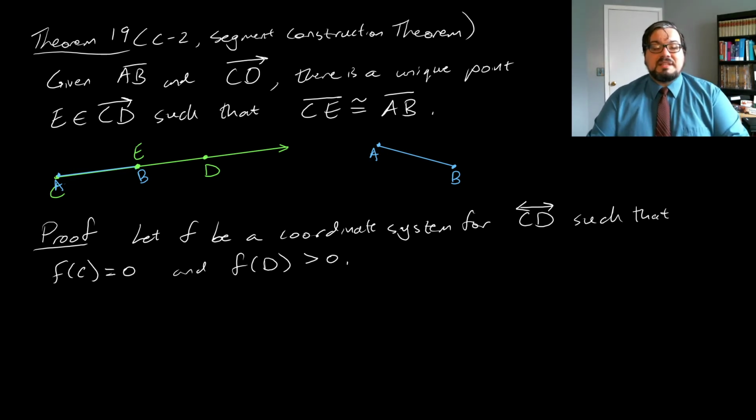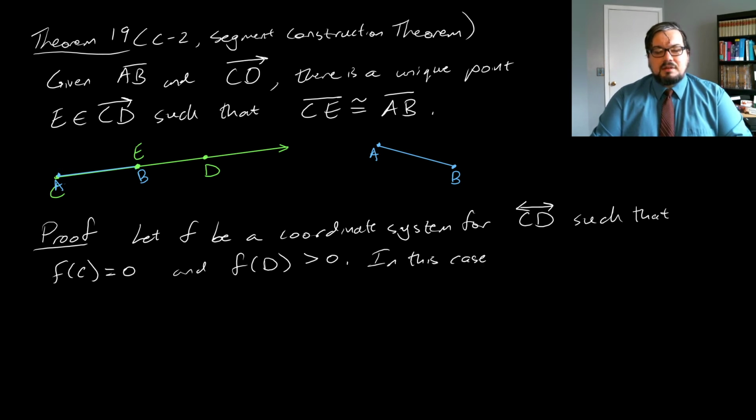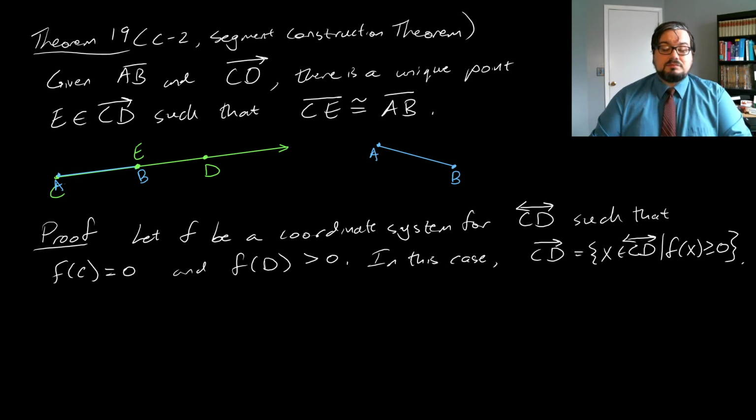The ruler placement theorem says that this can always happen. Note that in this case, the ray CD is equal to the set of all points x in the line CD such that f(x) is greater than or equal to 0. So we can tell whether a point on the line is in the ray CD by checking whether its coordinate is positive or negative.